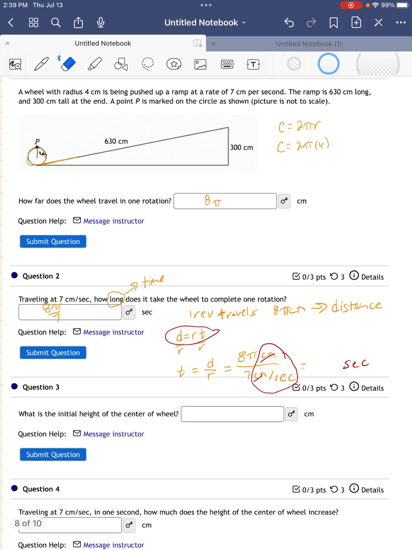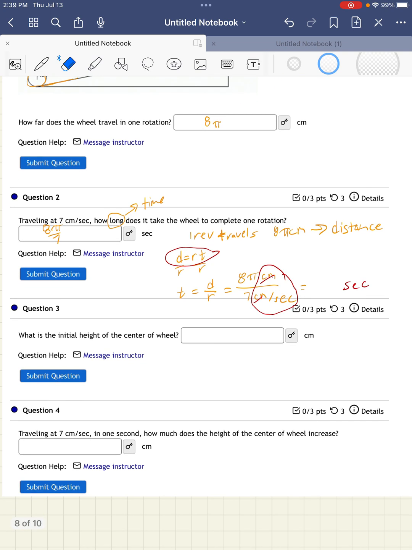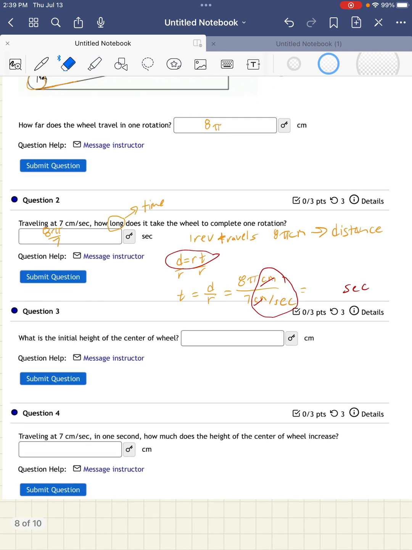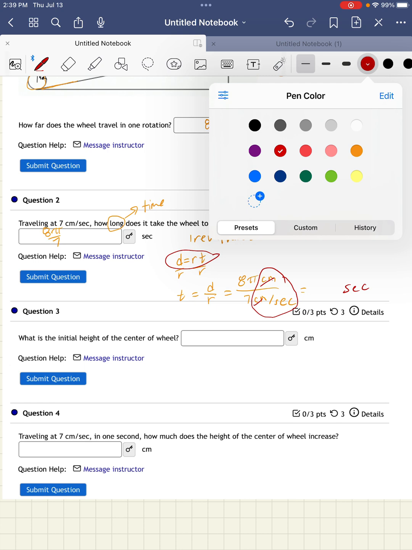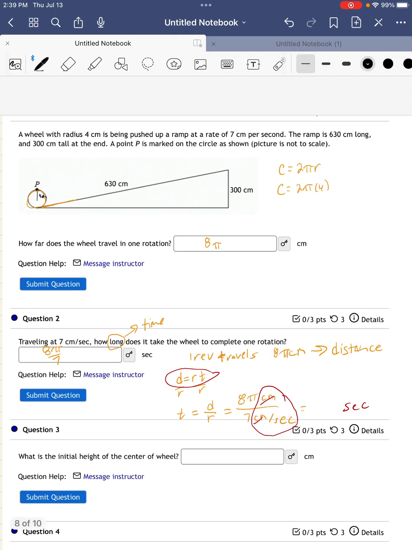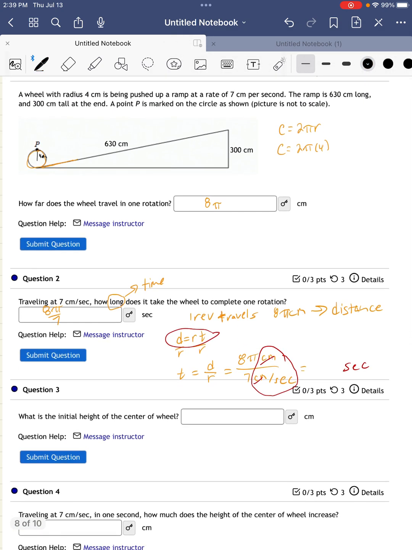All right, then they say, what is the initial height of the center of the wheel? We look at the picture here. This is the center of the wheel. We're going to be writing an equation for its height, from when it starts here all the way up to the top.